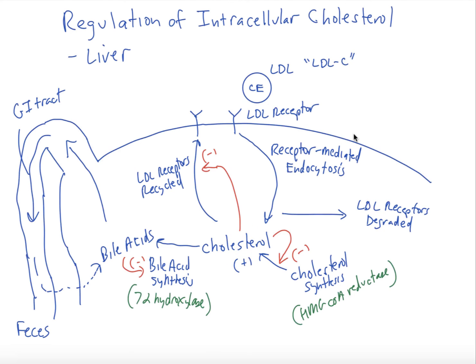And these kinds of mechanisms can be manipulated with drugs as I described, and that will be a very important consideration when we deal with pharmacological agents affecting cholesterol homeostasis.